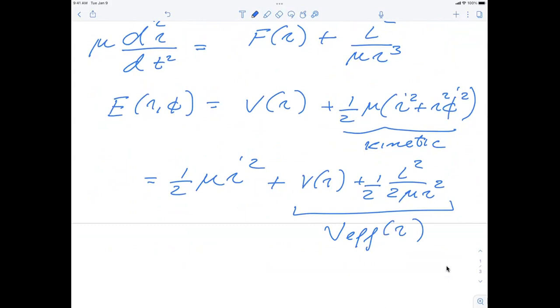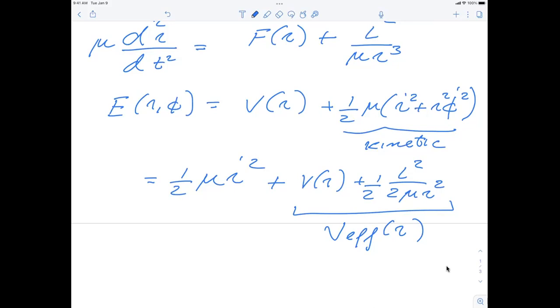And the angular momentum, which is now the way the system is rotating, is going to define what's normally called a centrifugal barrier. So when we now analyze the problem in this new coordinate system, our potential is something which we can define in terms of an effective potential. And then we can try to analyze what happens with the system if we think of only the radial degrees of freedom.